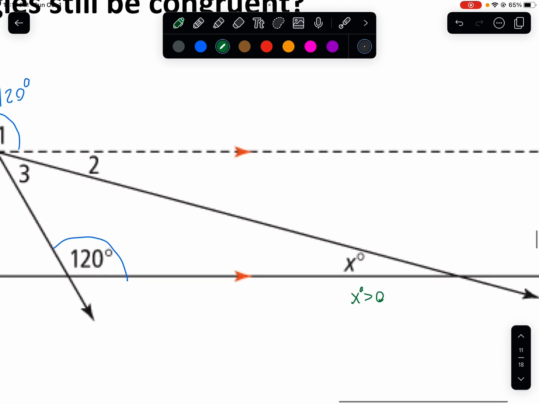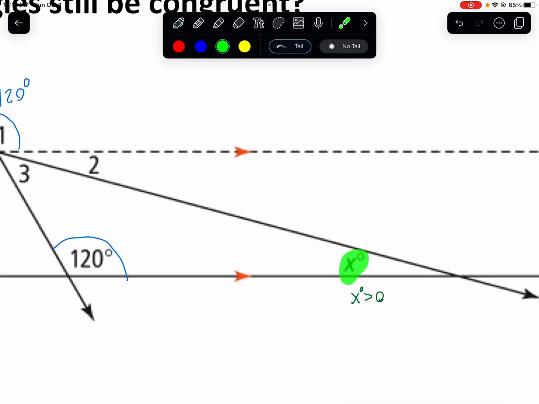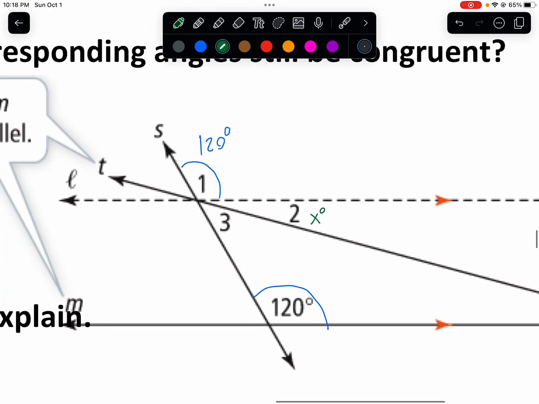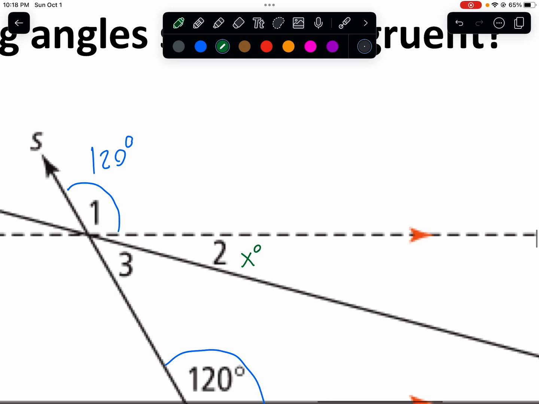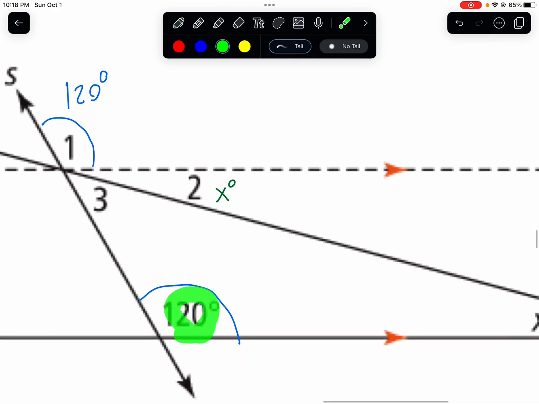But X actually compares to angle 2. Take a look at angle 2 and angle X. Those are alternate interior angles between our imaginary parallel line and our original line. So that means angle 2 is X. And we know that angle 1 plus angle 2 make up our corresponding angle. These are still called corresponding angles even if the lines aren't parallel, because they're in the same location. Are they congruent though?